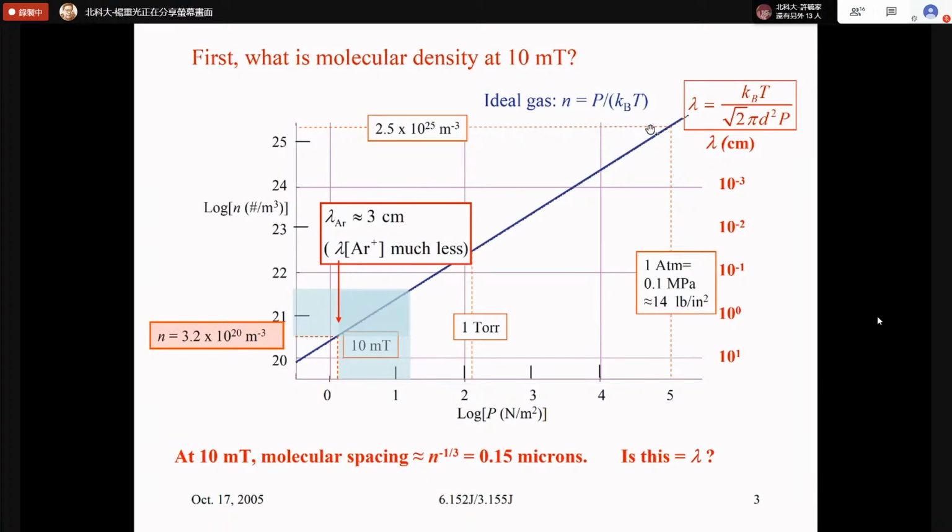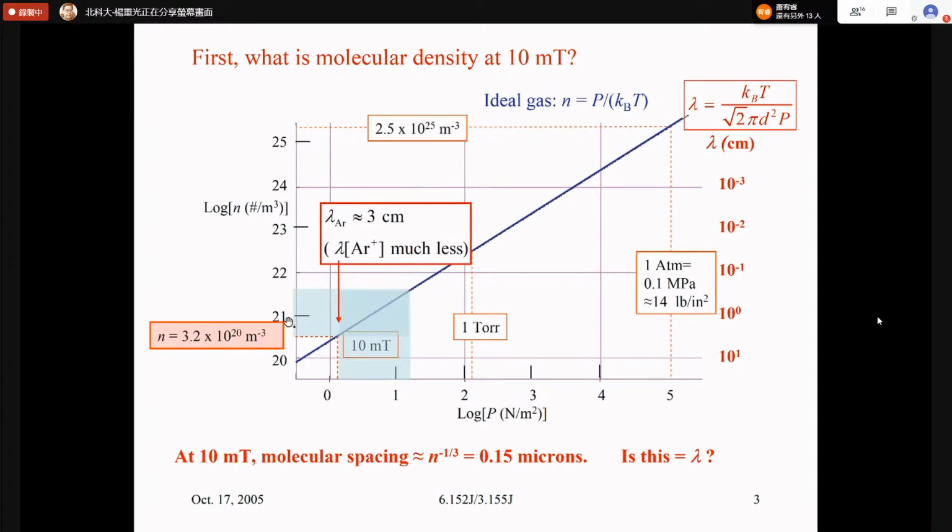At 1 atm, the density is 2.5 times 10 to the 25. But if you reduce the pressure to here, the density becomes 3.2 times 10 to the power of 20.